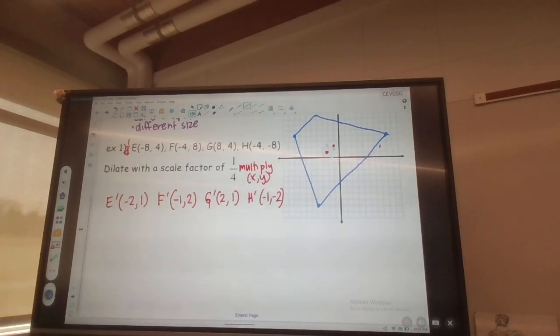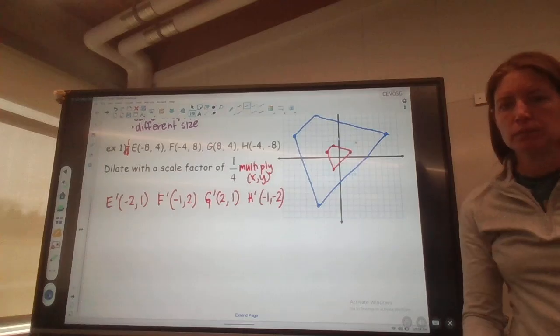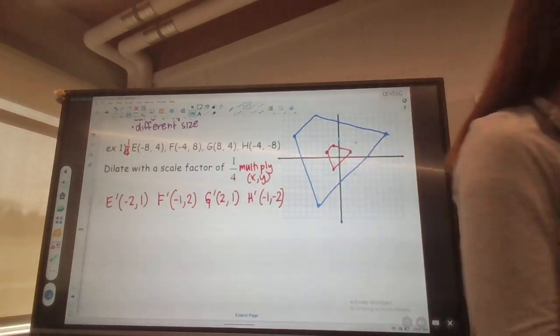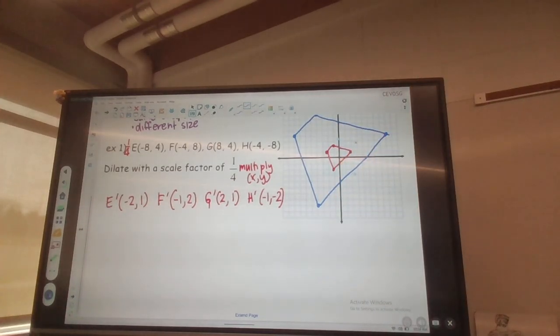But it should still look like the same shape. So the mini shape inside of the bigger one. So that would be dilations, so smaller, larger, depending on the problem.